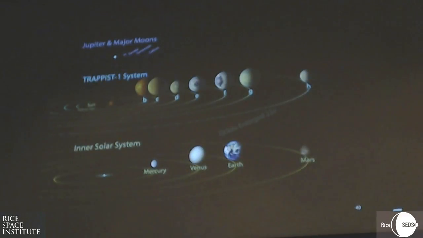But here's the really great discovery. This star, 39 light years away, when it collapsed and was created, it also had material to create 7 terrestrial planets.